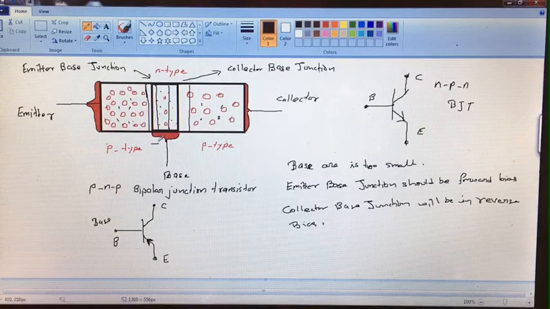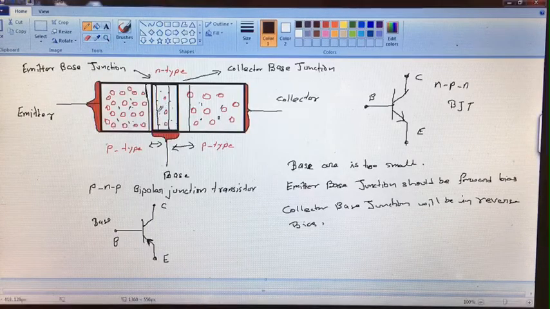So here the width is small, so resistance is less, and here the width is larger, so resistance is high. The charge carriers going from the emitter to the collector move from a lower resistance region to a higher resistance region. So here the transfer of resistance takes place, and that is why it is known as transistor: transfer of resistance.